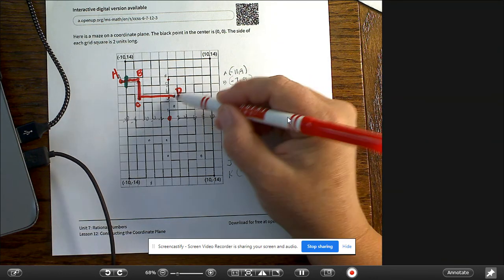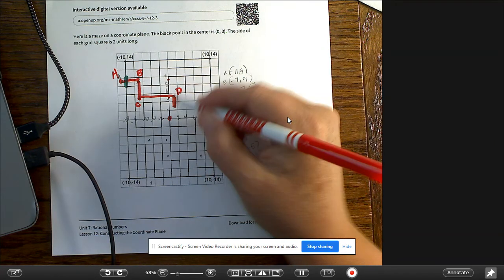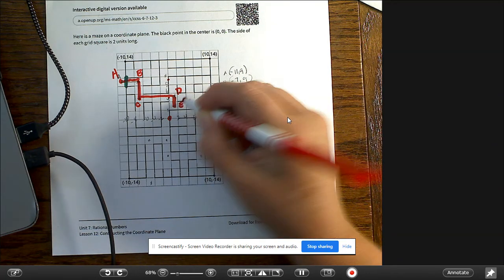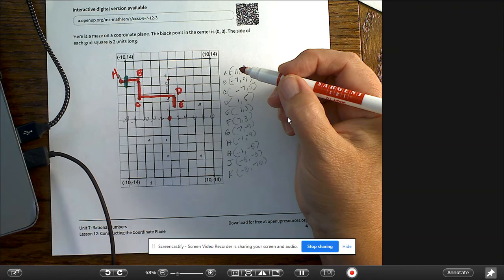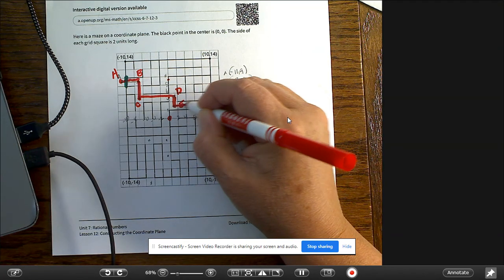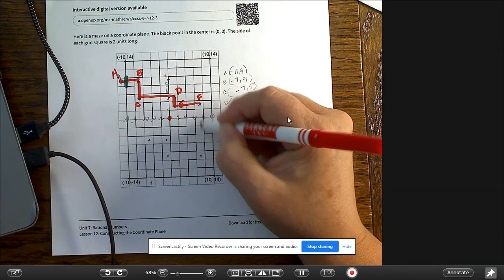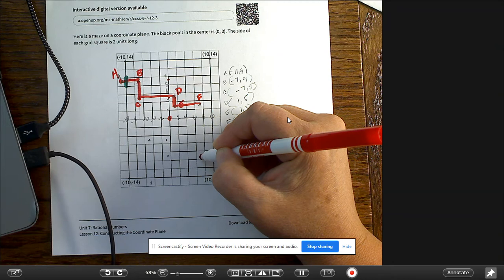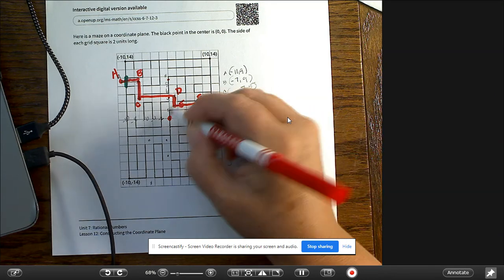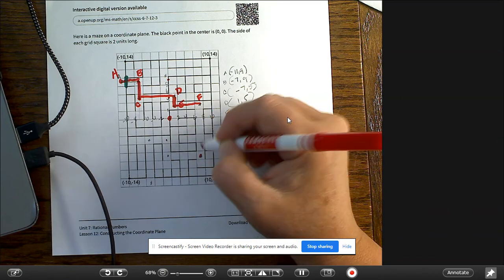And then you have here, E is 0, 13. And F is 7, 3. G is 7 and negative 9. I show those numbers here, but it's 2, 4, 6, 8, 10, and it's between 8 and 10.